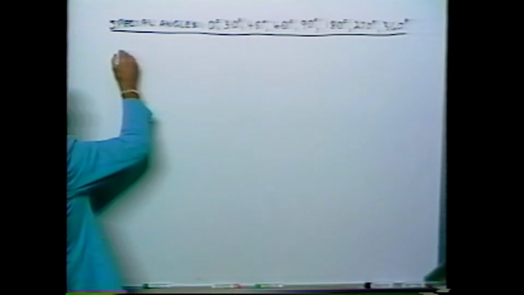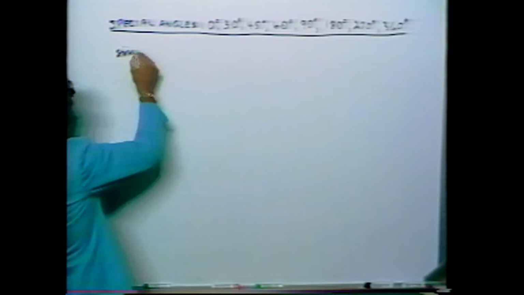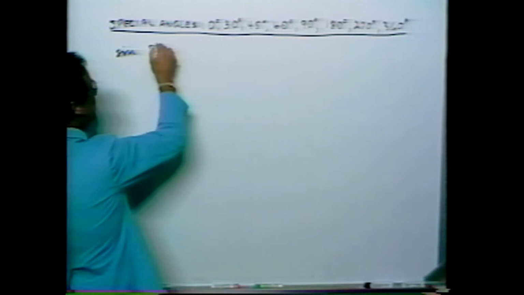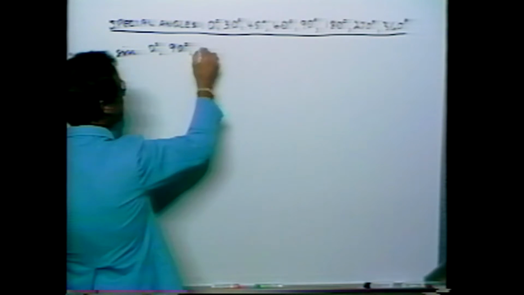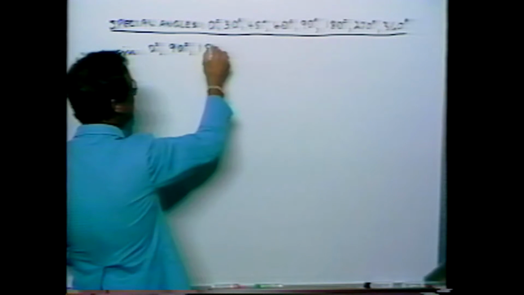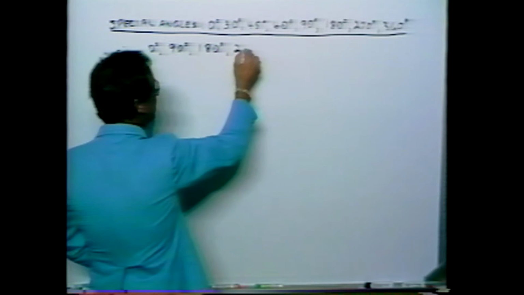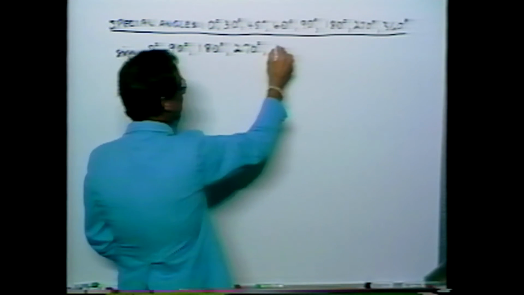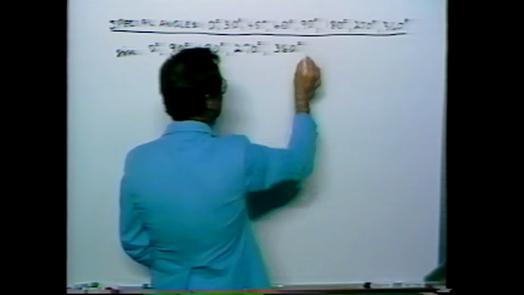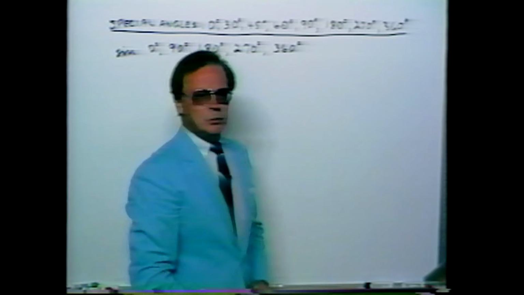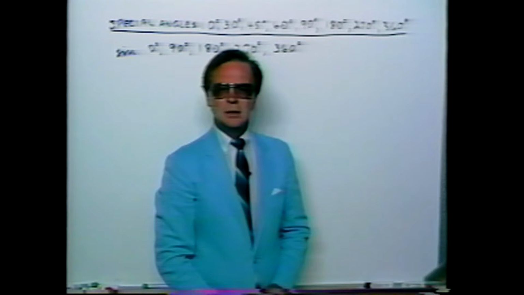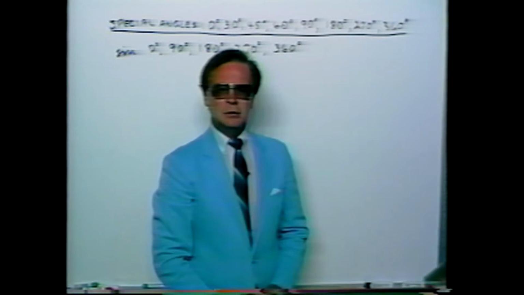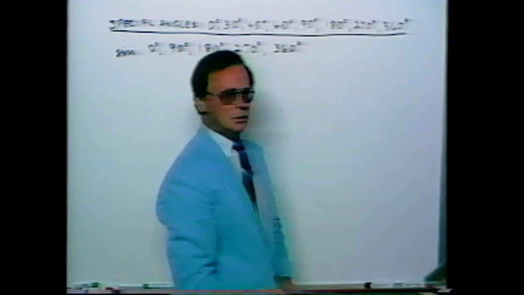For the sine of 0 degrees, 90 degrees, 180 degrees, 270 degrees, and 360 degrees, use the sine curve to establish the functional values for those angles.